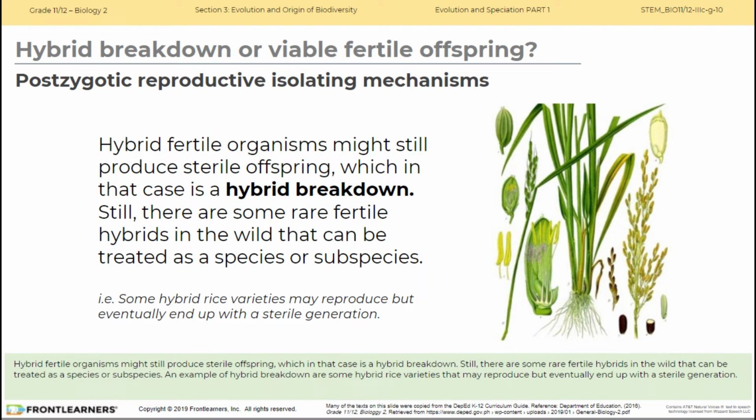So when you say hybrid breakdown, it is a type of reproductive failure that appears after F2 generation of crosses between the different species or subspecies. It is caused by incompatibility between interacting genes.